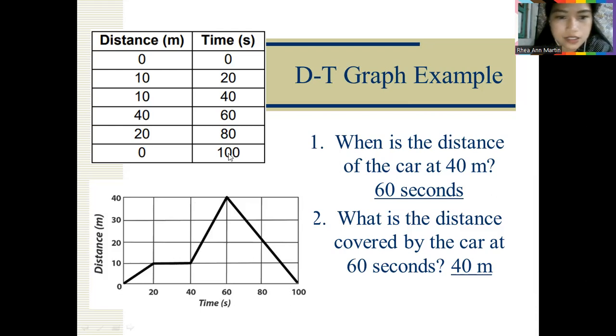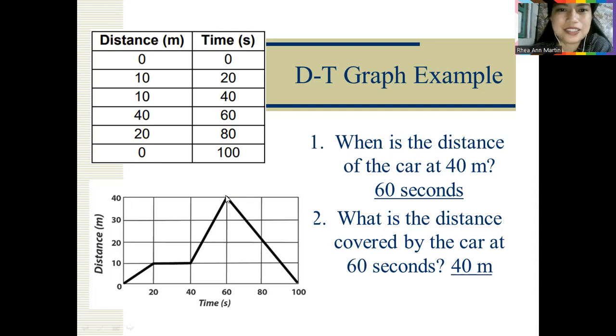We're asking for the distance, so here, 40 meters. That is how to calculate it, depending on the question. When it's asking for the time, what is the distance? You only need to look at the 60 seconds. No line passes through elsewhere; the line only reaches here. So the correct answer is 40 meters. Why 40? Because it is 40 there. Did you get it?